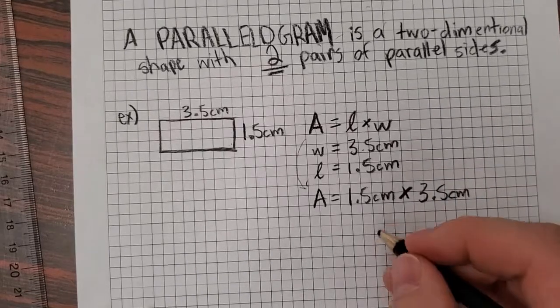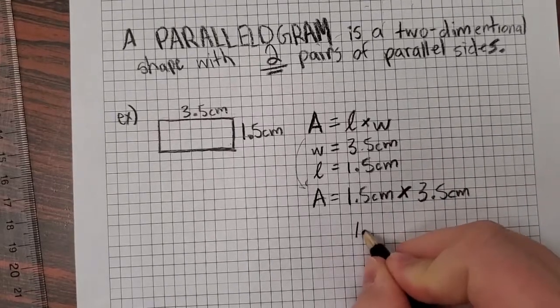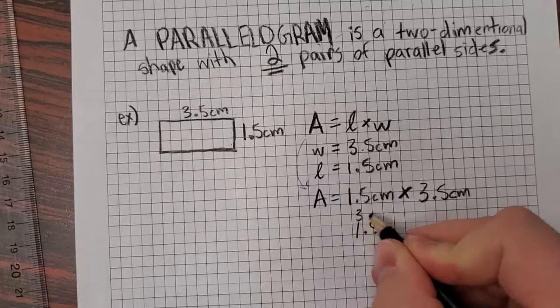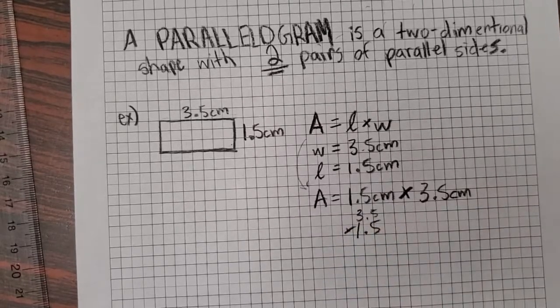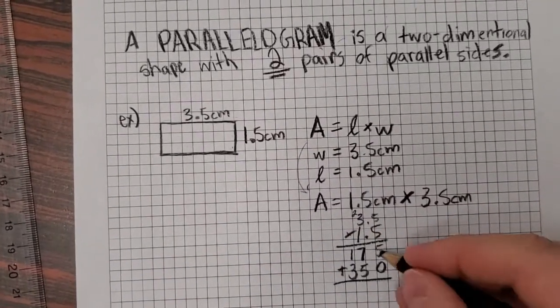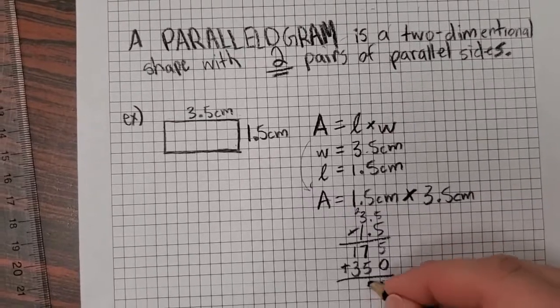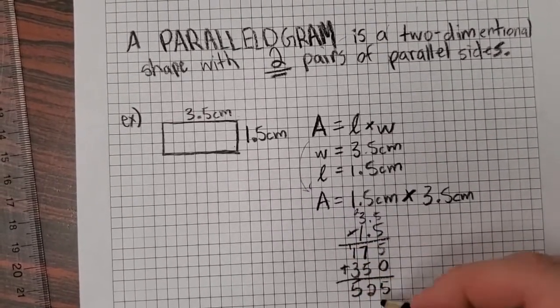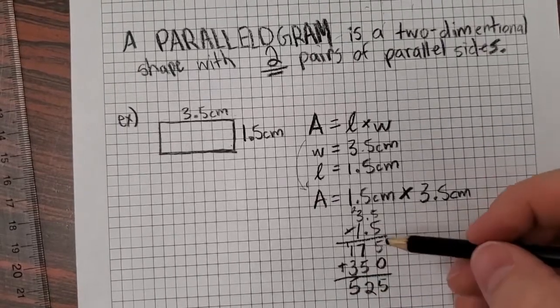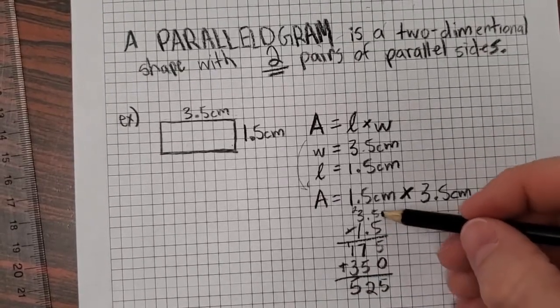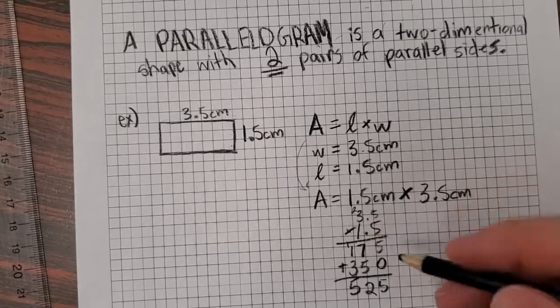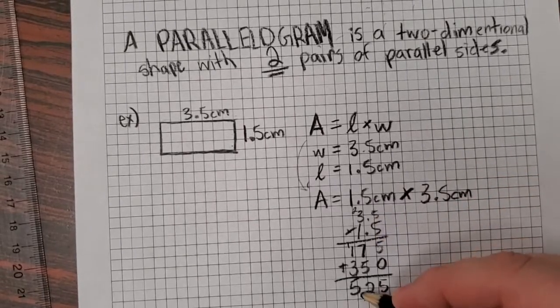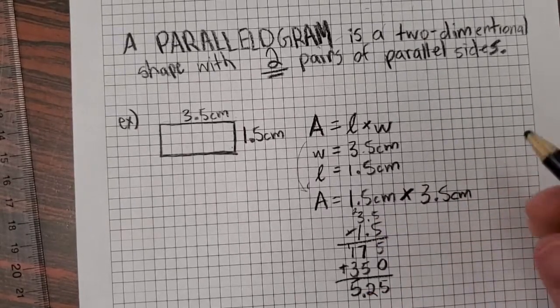So let's take 1.5 times 3.5. All right, now add it up. Okay, and then we have 1 decimal, 2 decimals. So in my answer, 1, 2, we'd have 5.25.